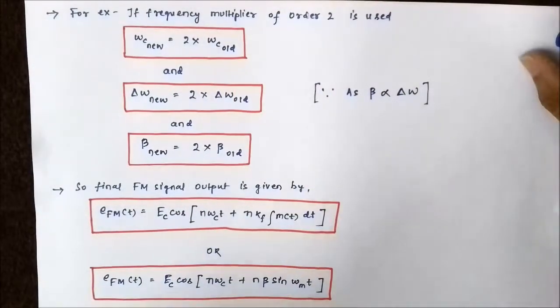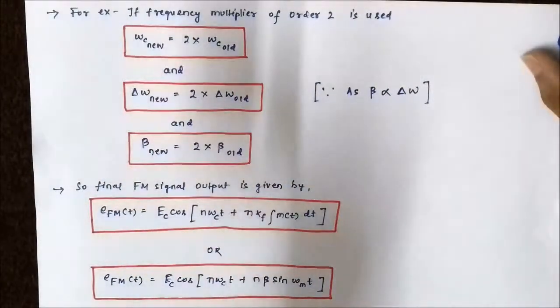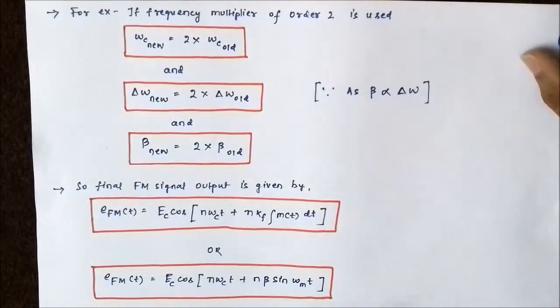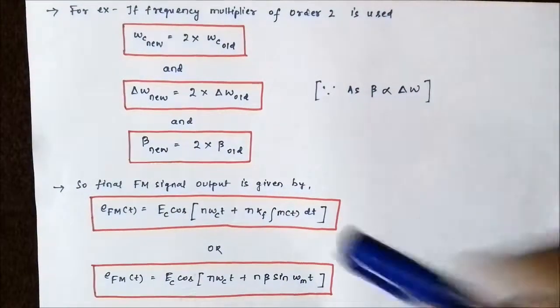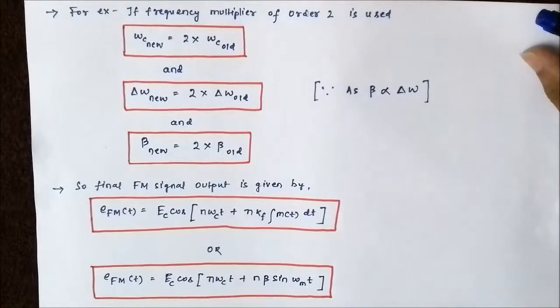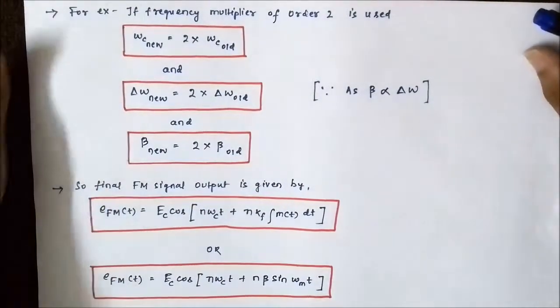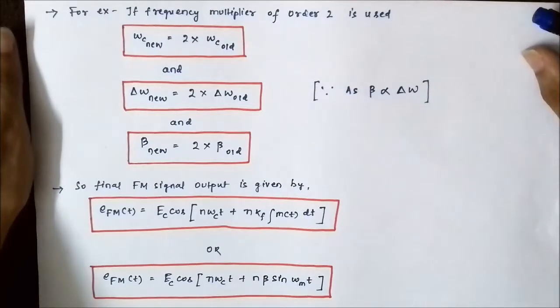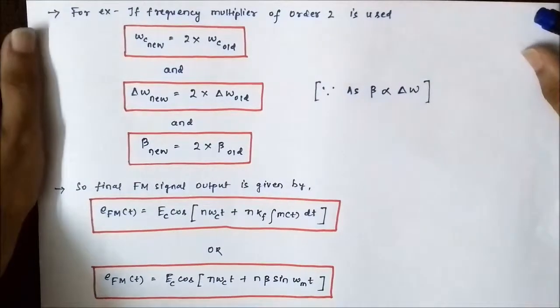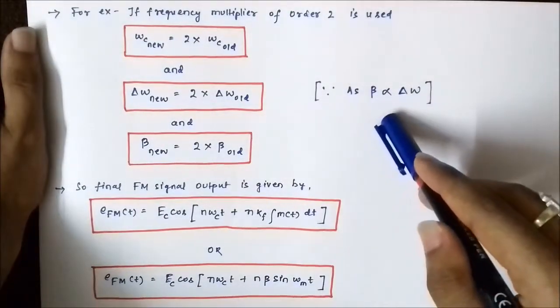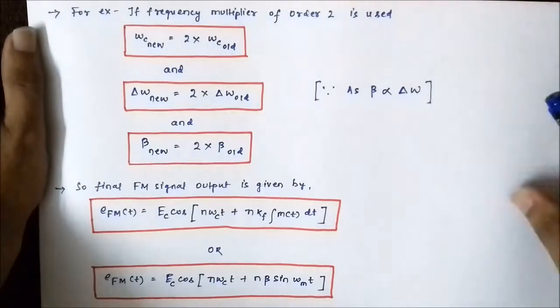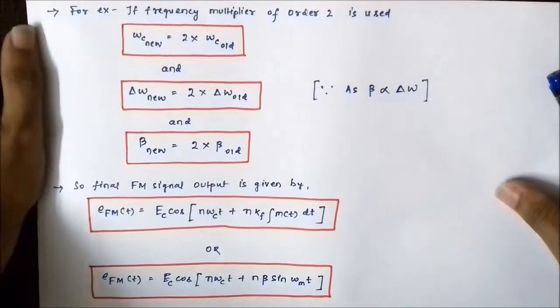If we choose n as 3, the new carrier frequency will become 3 times the old carrier frequency, the new frequency deviation Δω will become thrice the old frequency deviation, and the new modulation index beta will become thrice the old modulation index, as modulation index is directly proportional to frequency deviation.